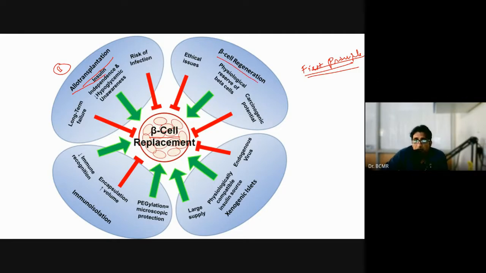Maybe there are some reservoir cells, and somehow we stimulate those cells to divide and become beta cells. That is another approach. Similarly, there are xenogenic islets, and one more approach is immunoisolation. We will see what it means, of course.